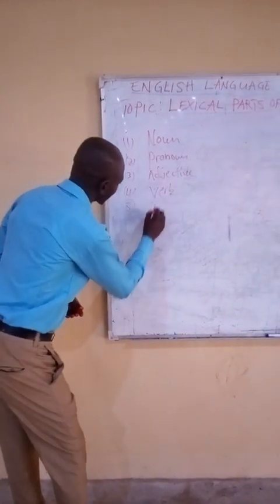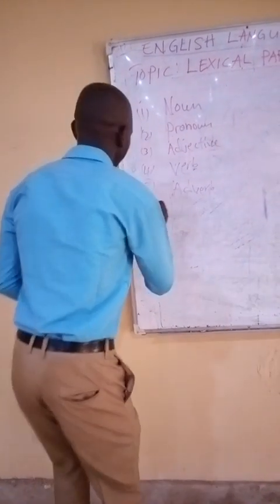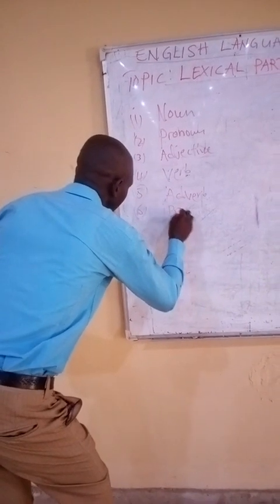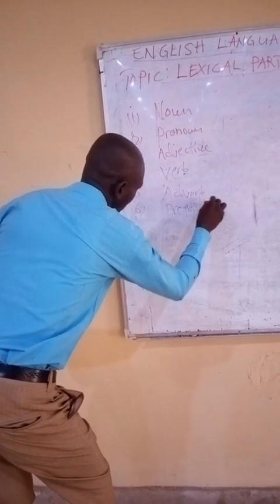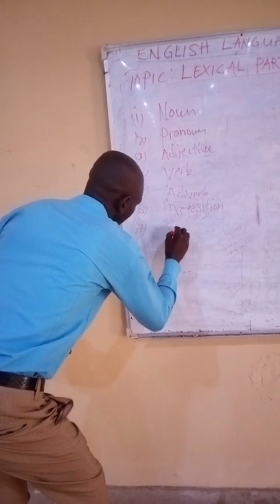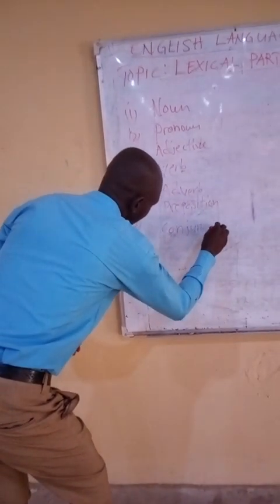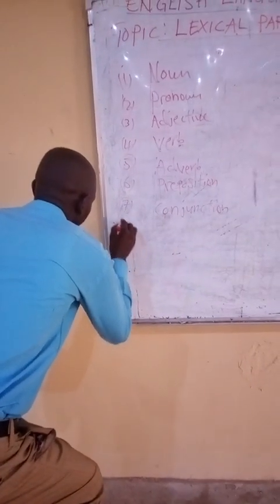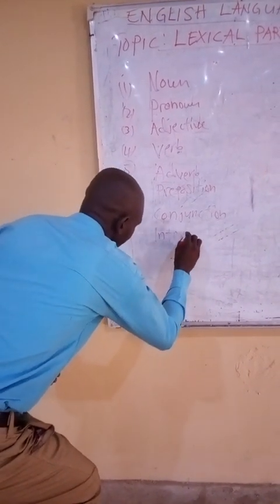We have adverb. 6. We have preposition. 7. We have conjunction. And lastly, but not the least, 8, we have interjection.